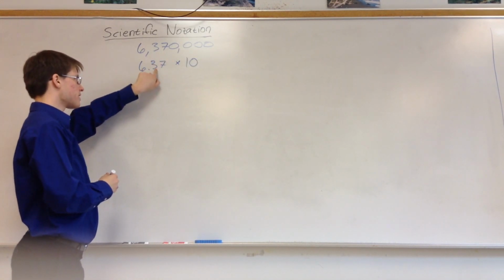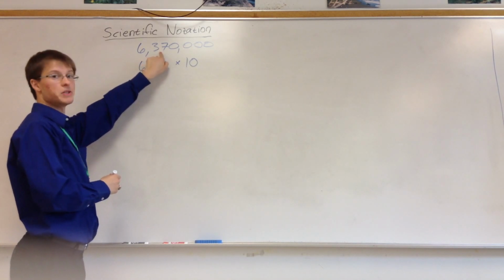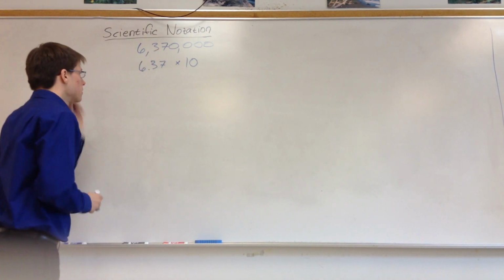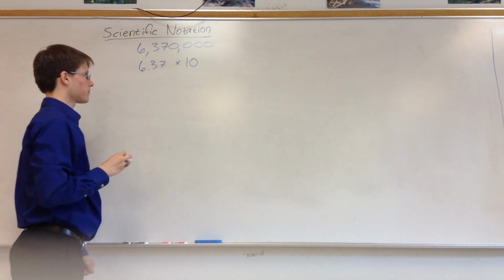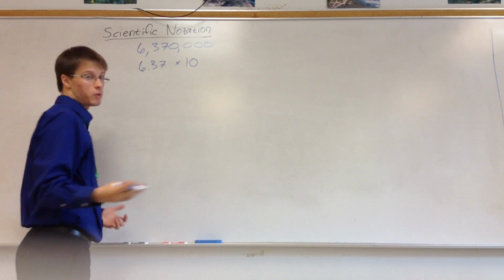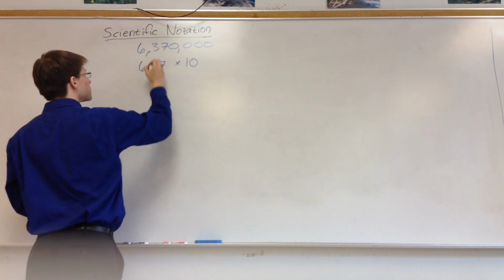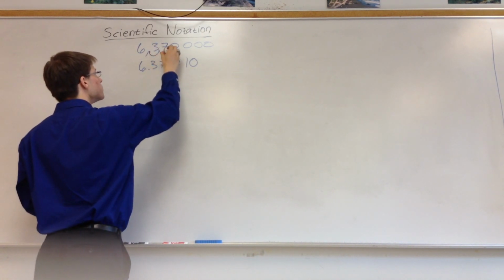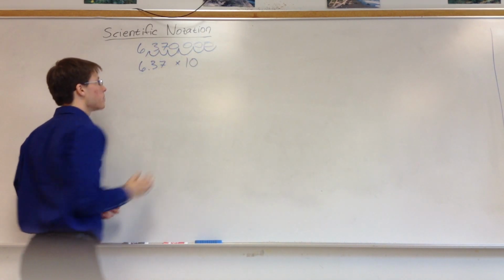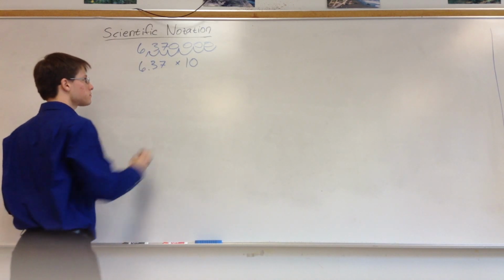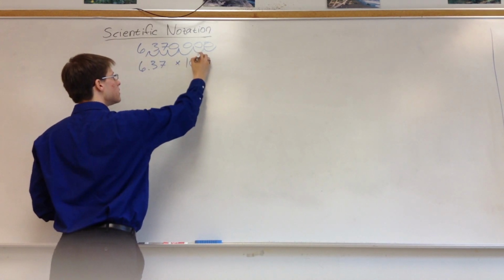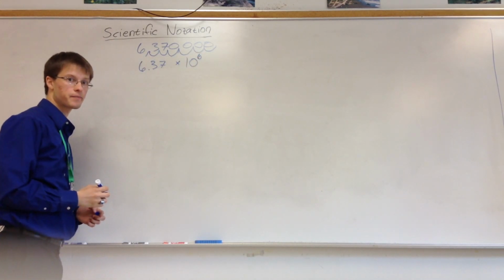So 6.37 is a lot smaller than 6,370,000, which means that we need a positive exponent. Well, what is that exponent going to be equal to? Our decimal point moves 1, 2, 3, 4, 5, 6 spots to give you the first number, which means we're going to have 6.37 times 10 to the sixth.